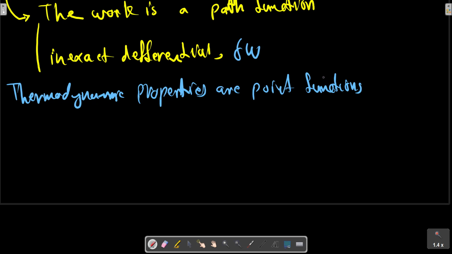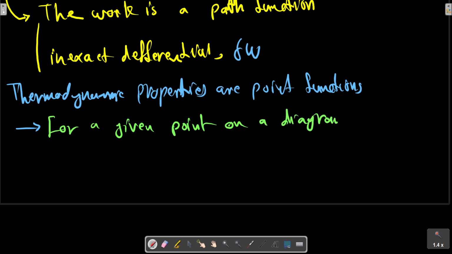Properties are point functions, a name that comes from the fact that for a given point on a diagram, or surface, thermodynamic surfaces, the state is fixed.